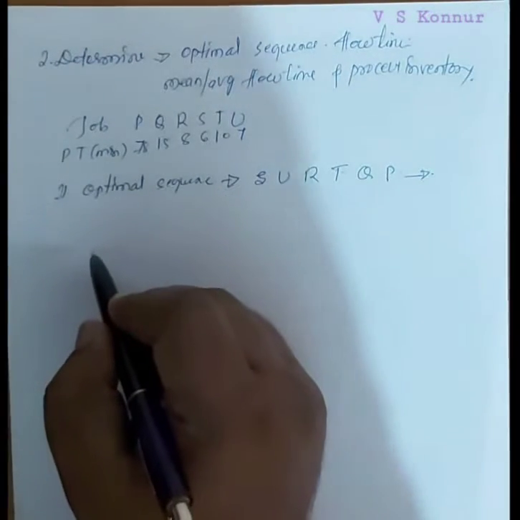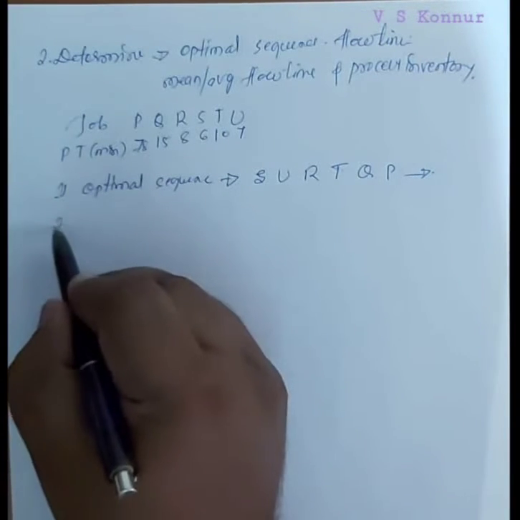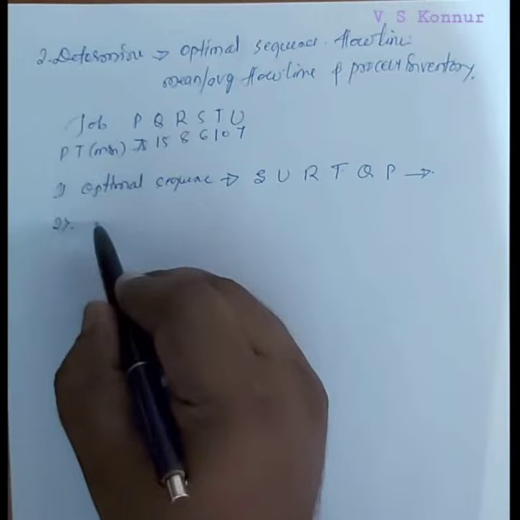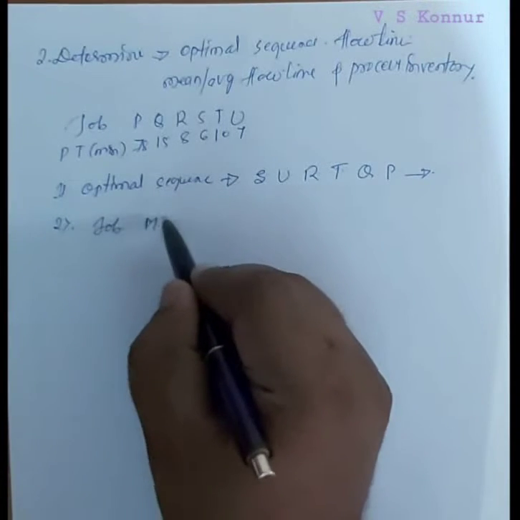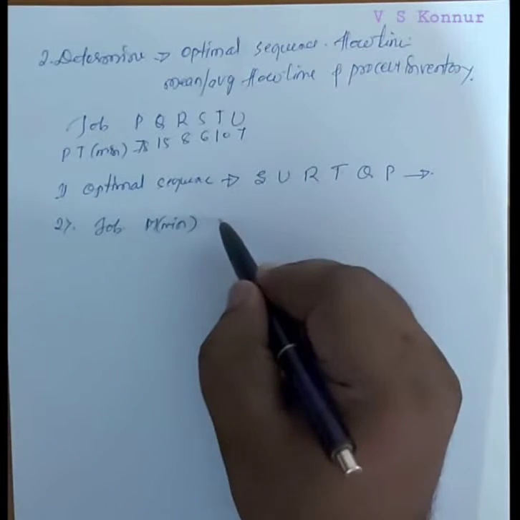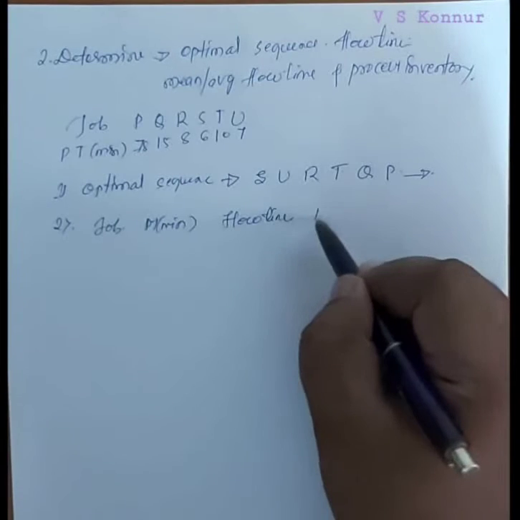Then we have to calculate the second one, flow time. For that you have to draw the table: job, processing time, then flow time, then process inventory.